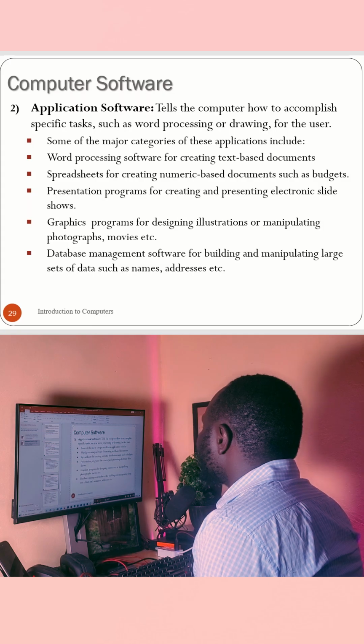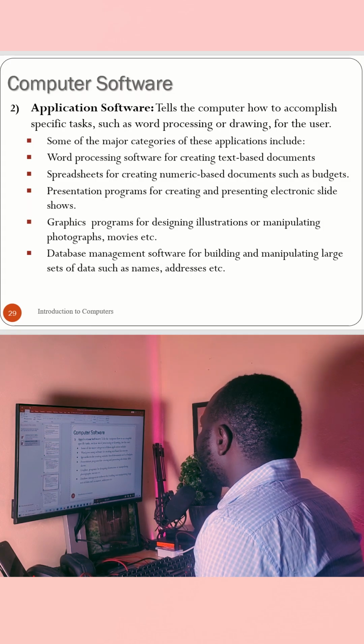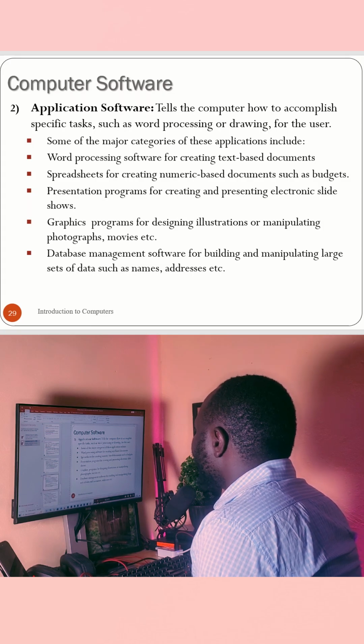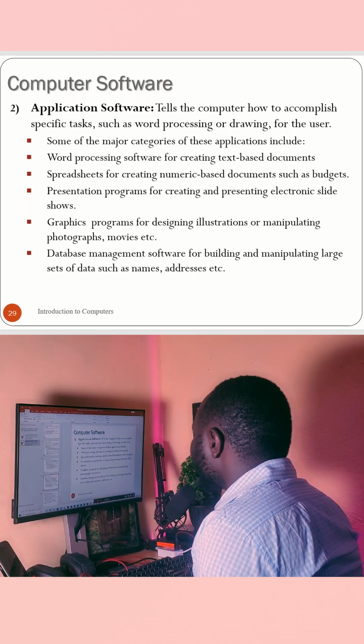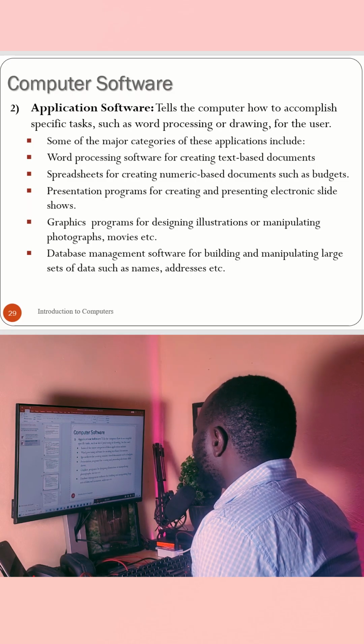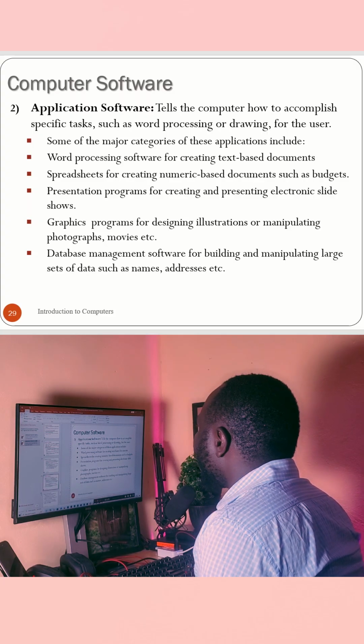It can be used to accomplish specific tasks. Let's take an example. We have what you call VLC. VLC will be used for watching movies and playing songs. That is all you can do with VLC. You can't use VLC for typing. It is specific in nature. It only accomplishes that specific task.